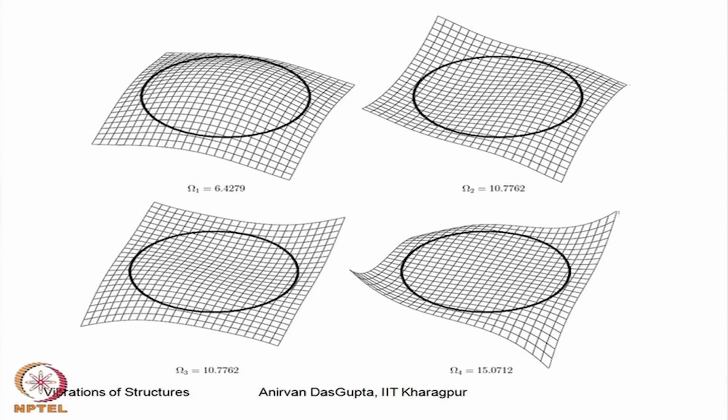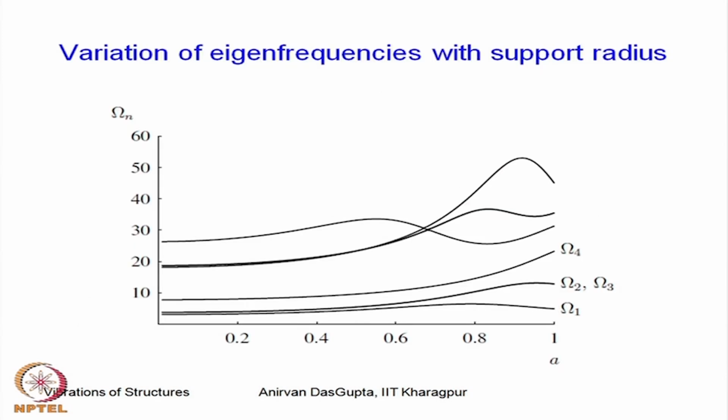Now, it may be of interest to see what happens when we vary A. So, this figure shows the variation of the first few non-dimensional circular eigen frequencies with A. So, this is the fundamental frequency of the plate with variation of A. So, you can see that the maximum occurs somewhere here.